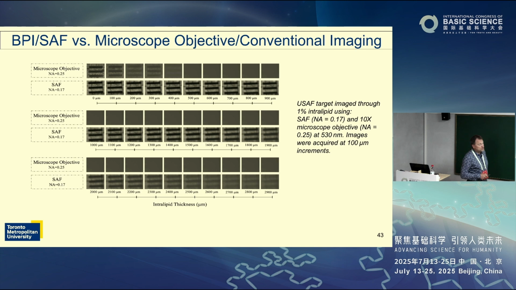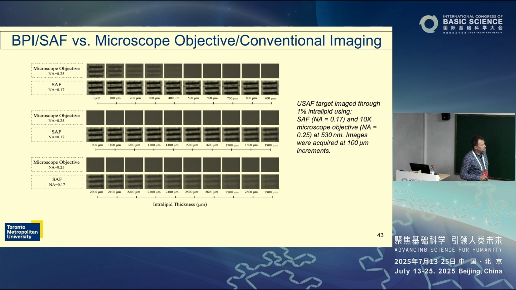That's the depth of the intralipid inside the Petri dish. As you can see, we can observe the contrast only up to 400 microns here. While applying what we call a spatial angle filter to facilitate the ballistic photon imaging, the contrast was visible up to 900 microns or even more.